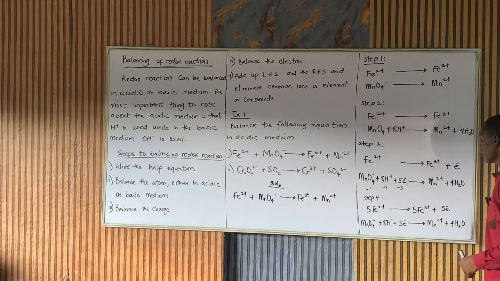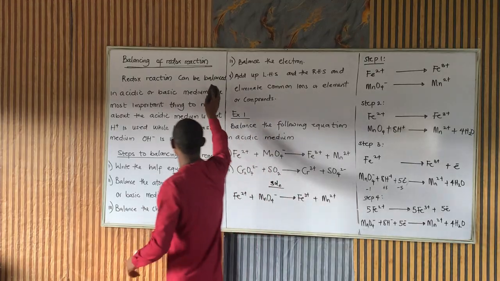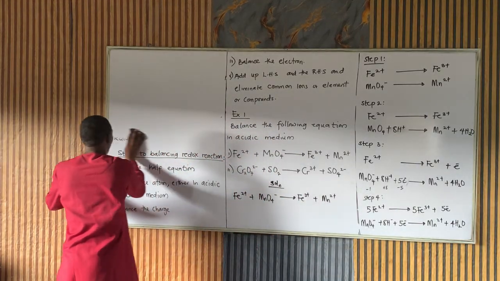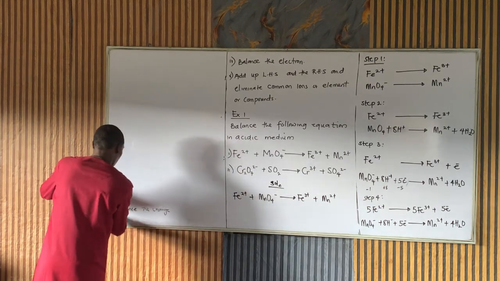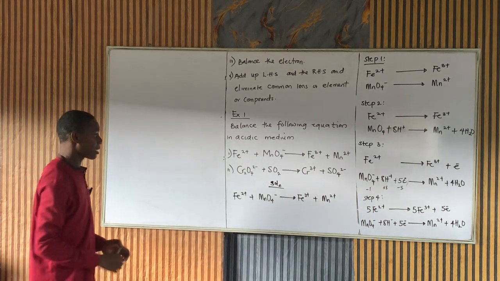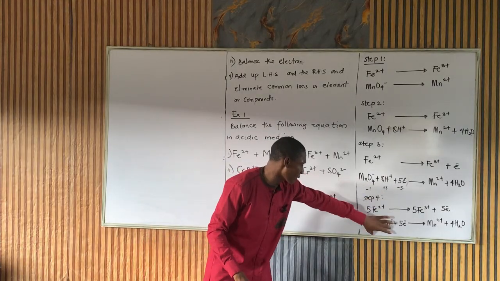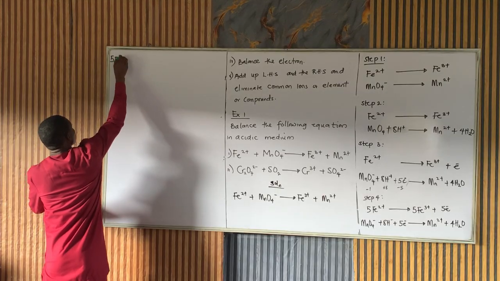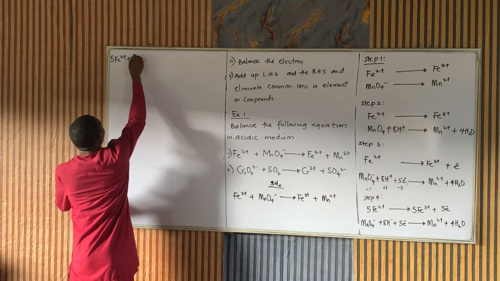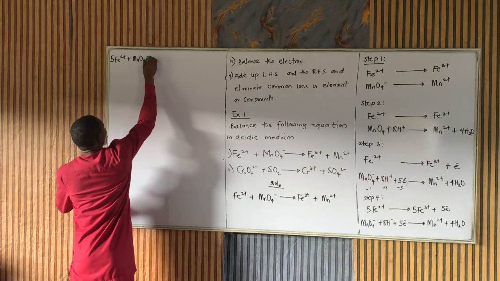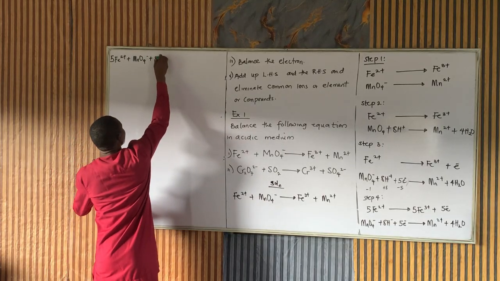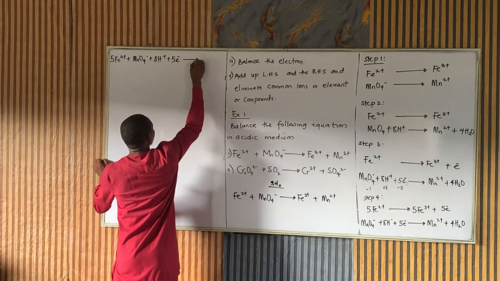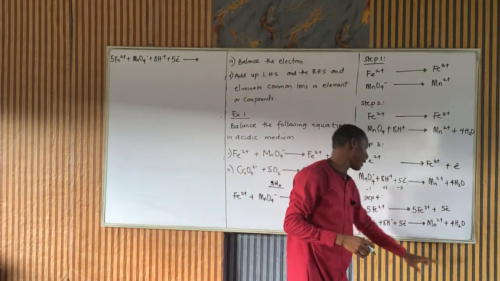Now lastly, step 5 is to add up. So what I quickly do is add up the left hand sides together, this and this. That will be 5 Fe2 plus, MnO4 minus plus 8 hydrogen ions plus 5 electrons to give, now I will add up the right hand side together too.